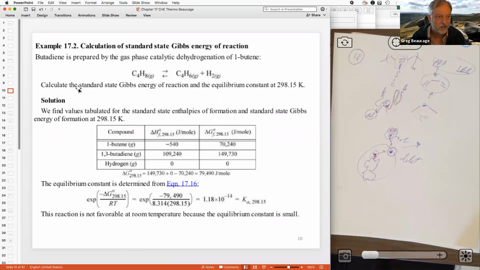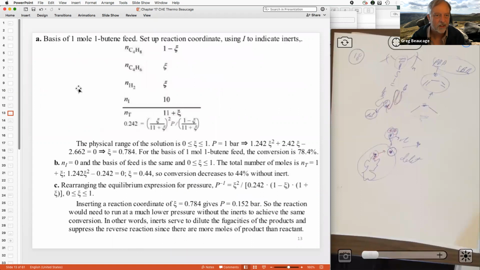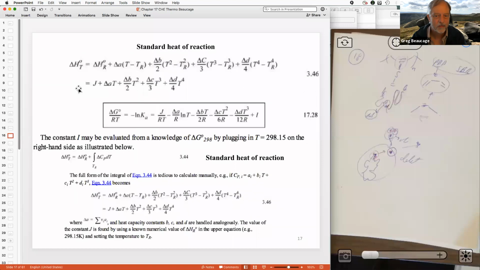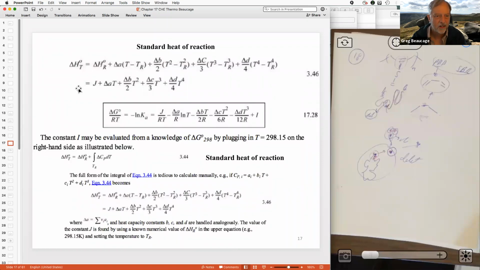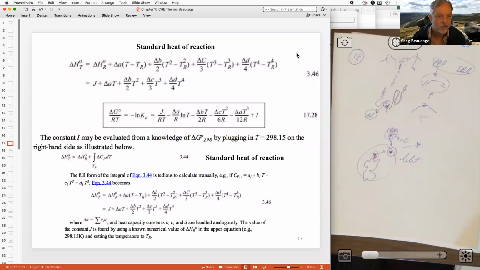We went through these examples, so we should be up to slide 18. And then we went to this business of the temperature dependence of the equilibrium constant, having to do with what we did in chapter 3, which was this delta H for a reaction, and you end up with this J constant.